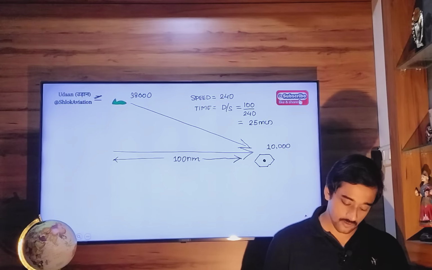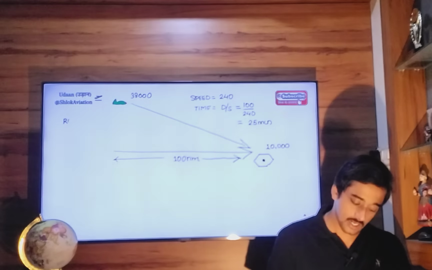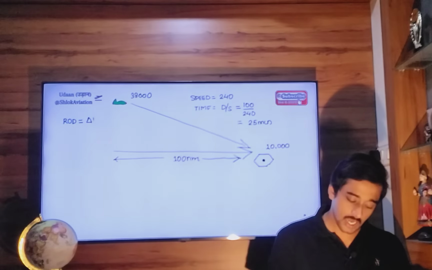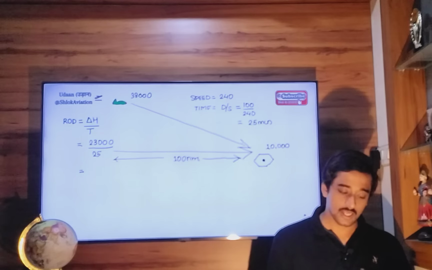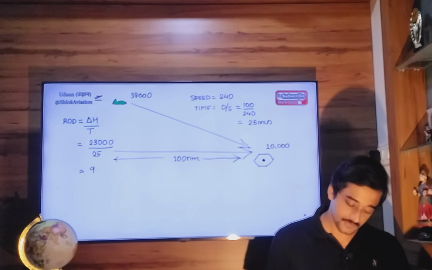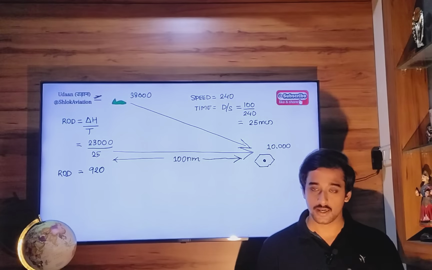So what will be the rate of descent? Rate of descent equals change in height divided by the time taken. So 33,000 minus 10,000 is 23,000, divided by 25 minutes. So 23,000 divided by 25 is 920. So the rate of descent is 920 feet per minute.